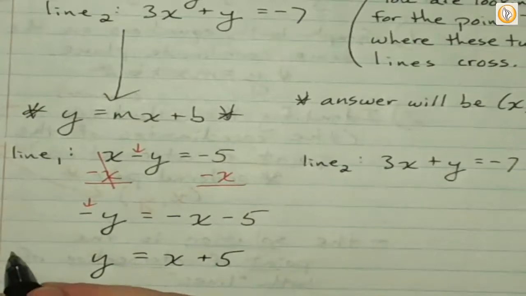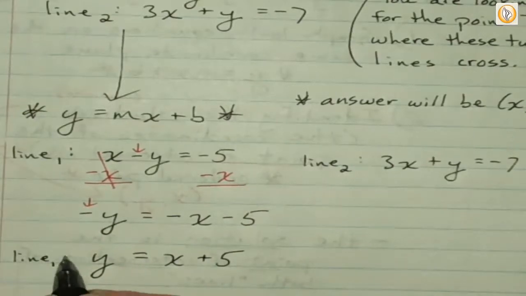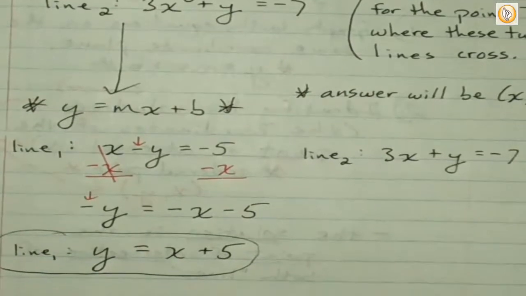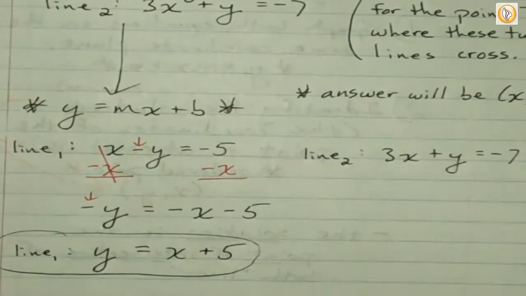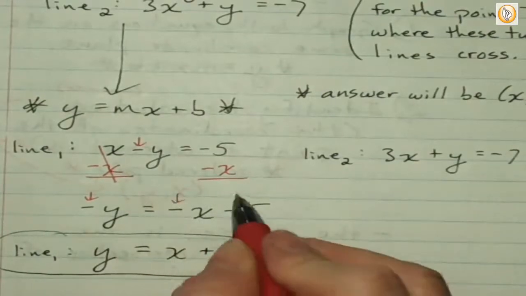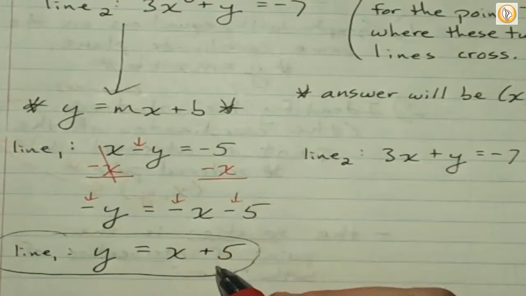We have our line 1 in the correct format. Perfect. Any questions where he got all of that? Okay, so you can't have the negative, so this becomes positive and that becomes positive, right?